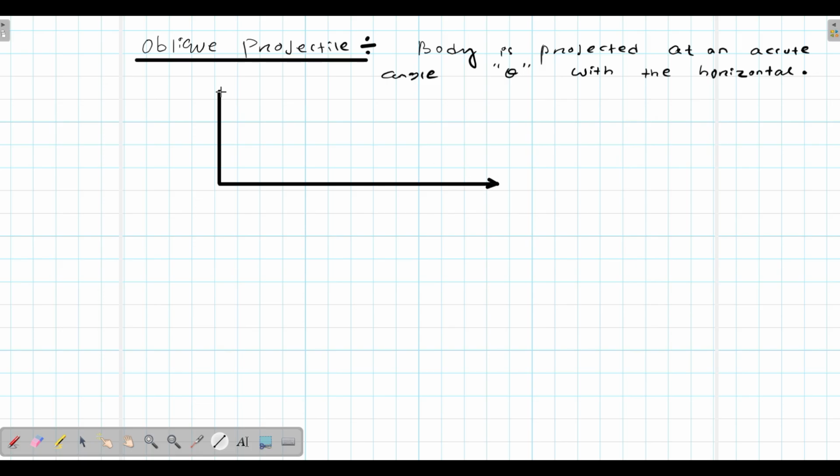This is x, this is y. So the body is projected with velocity u at an acute angle theta.